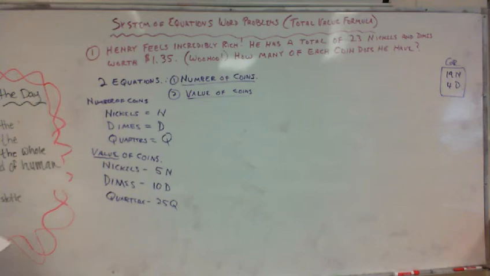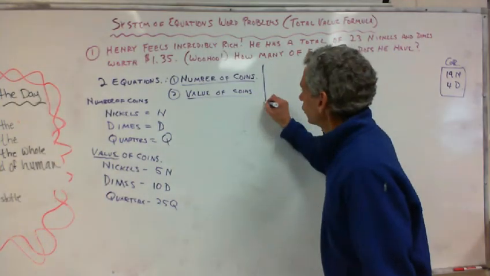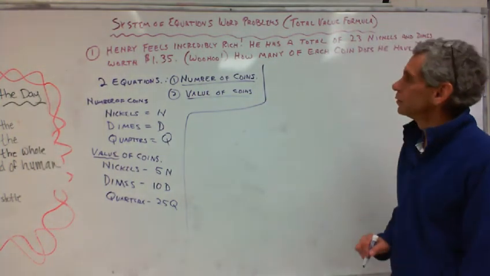So if you have a D, it's always a 10 in front of it if you're talking value. If you have a Q, it's always a 25 in front of it. Always. No exceptions. If you have an N, it's always a 5 in front of it if you're talking value. Okay? So, given that information, let's do this.